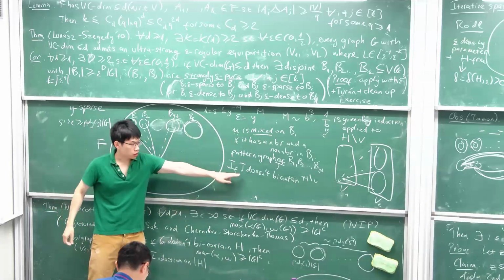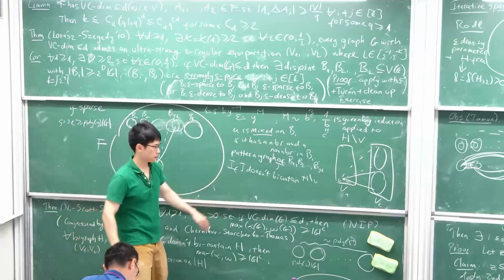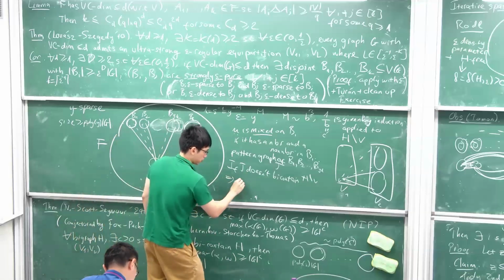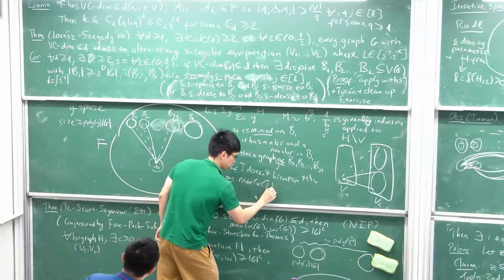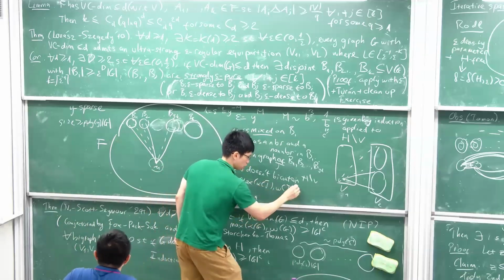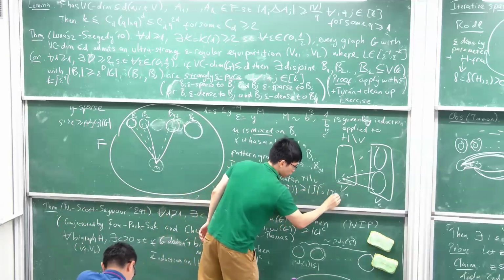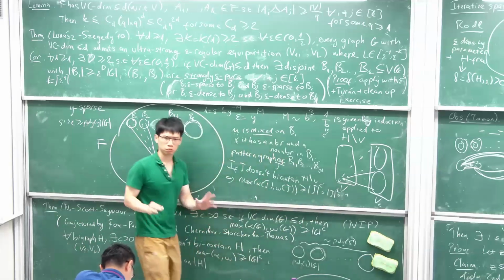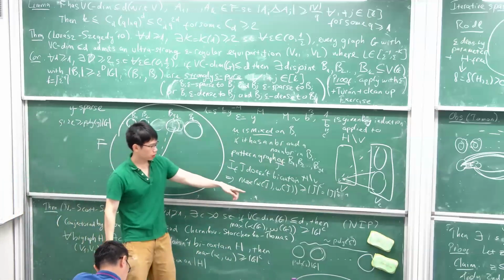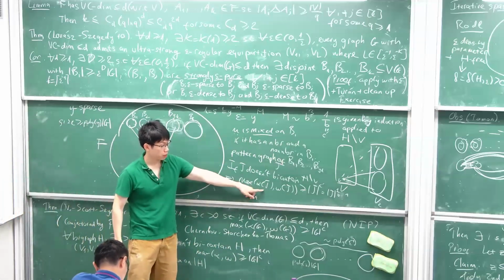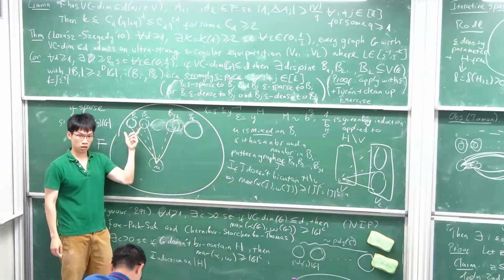Then J is going to contain a large clique or independent set. Then max of alpha J, omega J is going to be at least J to the C prime, which is J to the 1 over B. So what does a big independent set in J translate back into this picture?